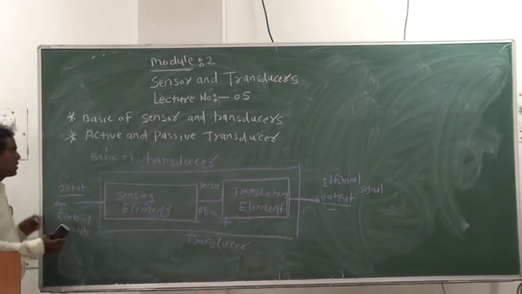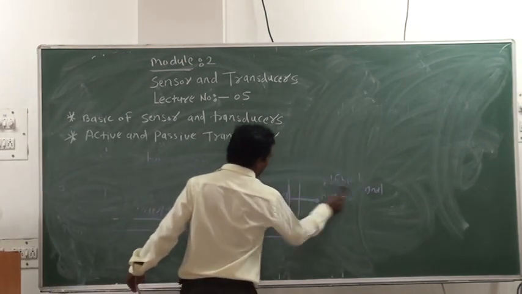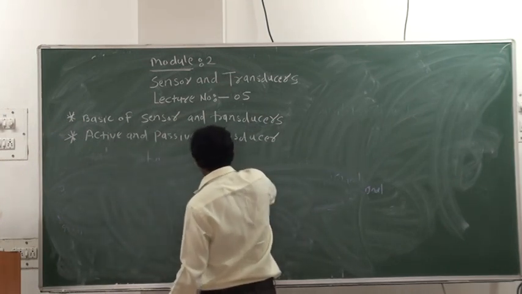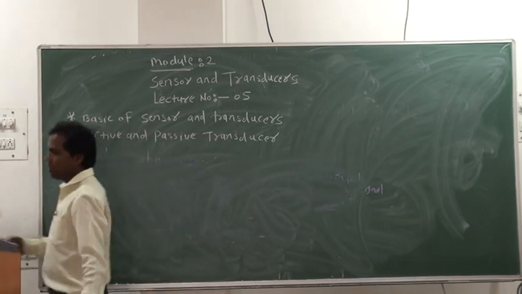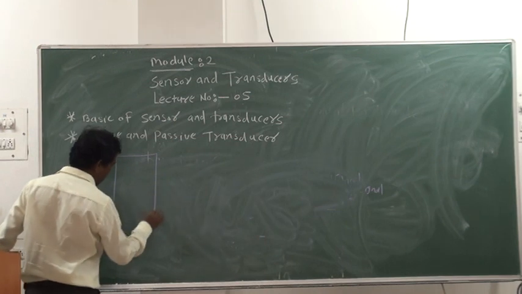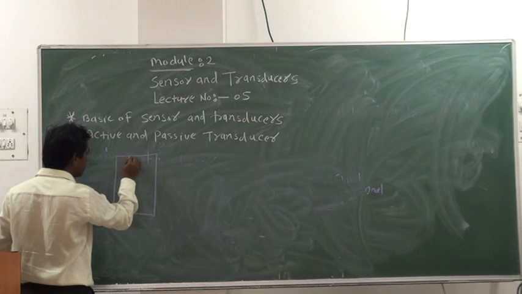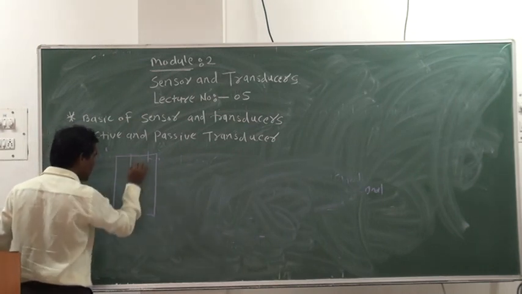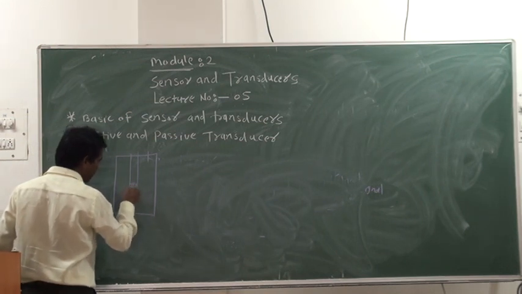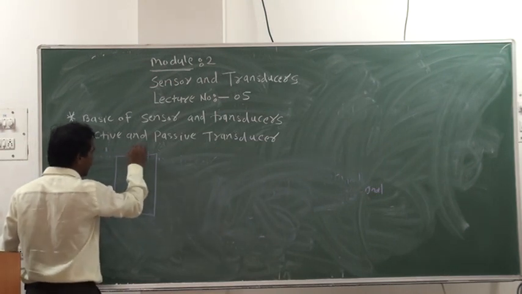Now let us consider the basic example of a transducer, the mercury thermometer. A mercury thermometer consists of mercury inside, which is a temperature detector transducer. The tube is filled with mercury and the scale is calibrated.